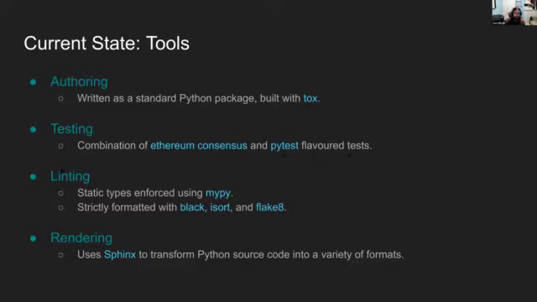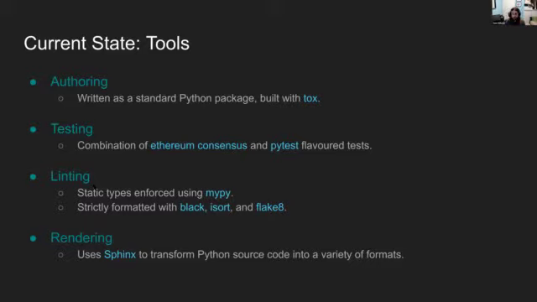Now for linting, since we're a specification, we have fairly strict rules about the format of the code, how imports are done, and static typing. Static typing is like Java or Rust, where if you say something is an int, it enforces that it's an int. So we use MyPy to enforce those annotations.